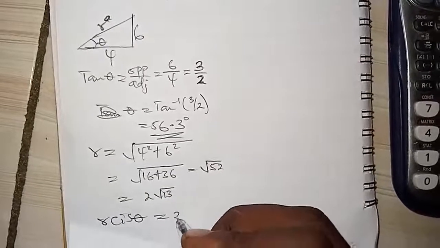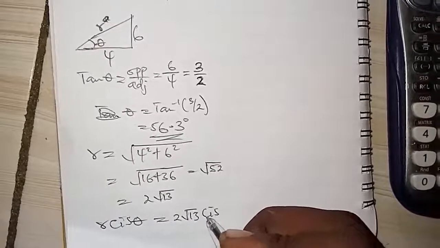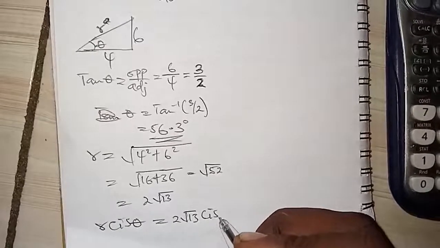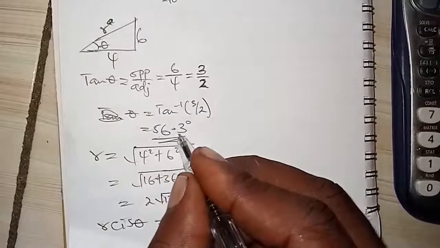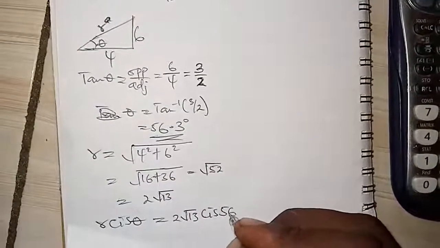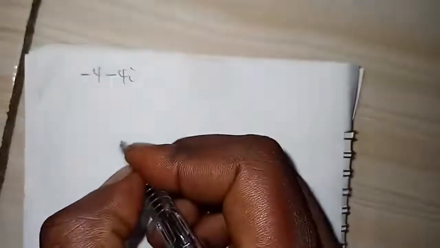Our r is 2 root 13, cis, that's cos theta plus i sin theta, and our theta angle is 56.3 degrees.